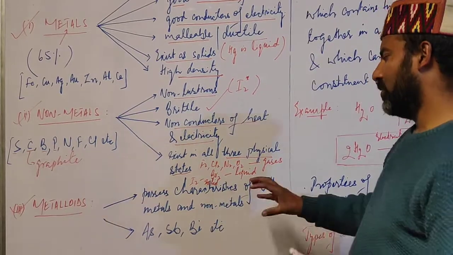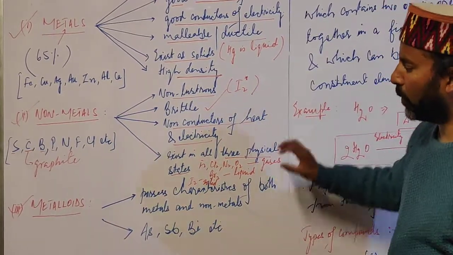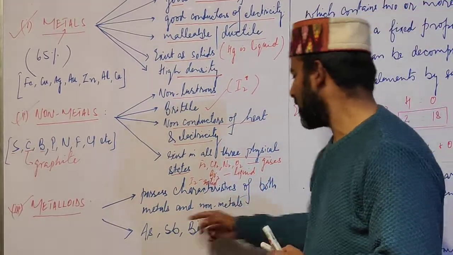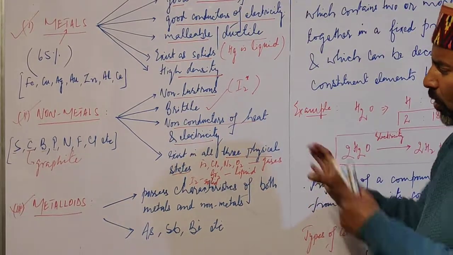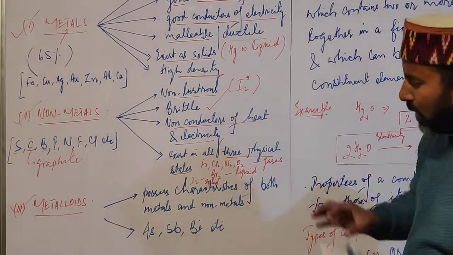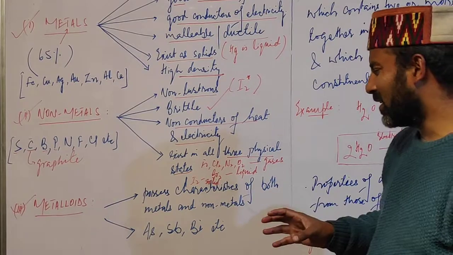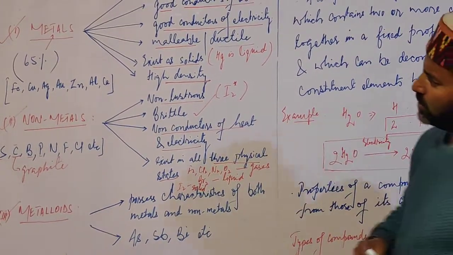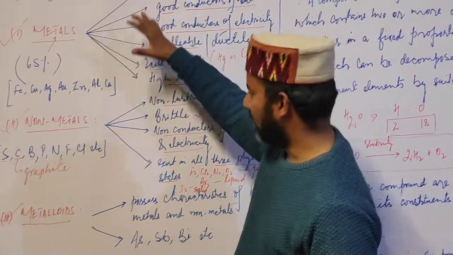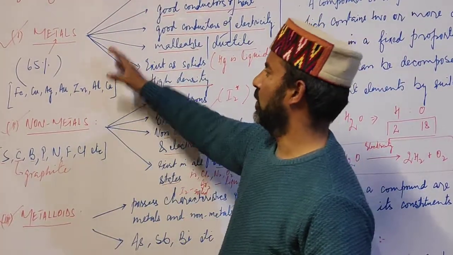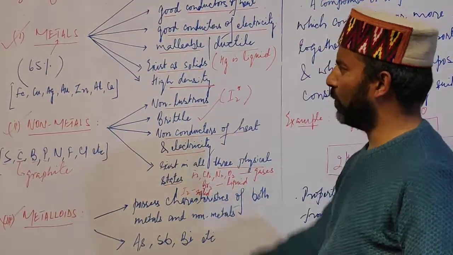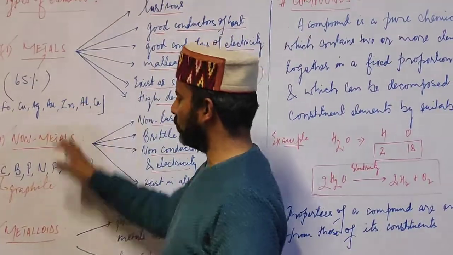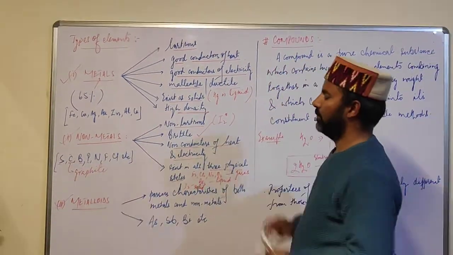That means they show characteristic properties of both metals and non-metals. The common examples of these metalloids are arsenic, antimony, bismuth, etc. So students, these are elements, but depending upon their properties, they have been subdivided into three types: metals, non-metals, and metalloids.